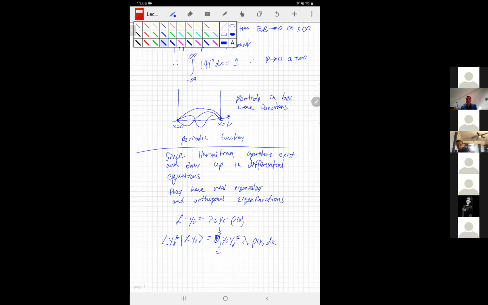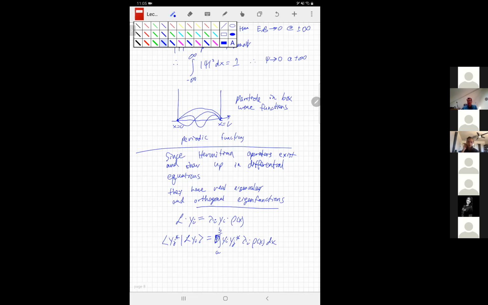Then you do it in the other order. Instead of having the linear operator act on y_i, you have it act on y_j, and you get back basically the same integral with a different prefactor. And so you prove that the eigenfunctions are orthogonal.